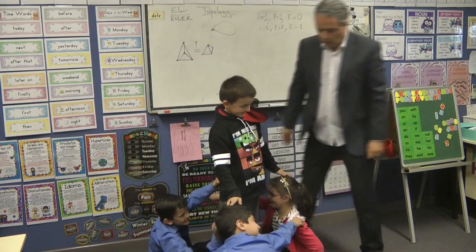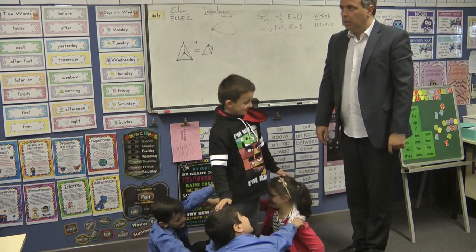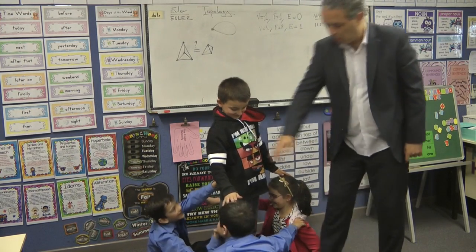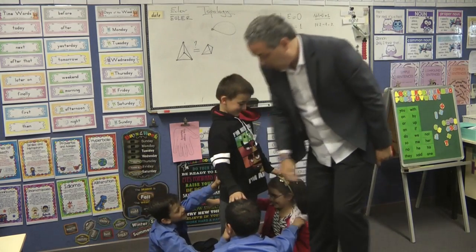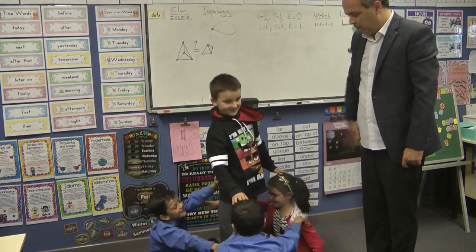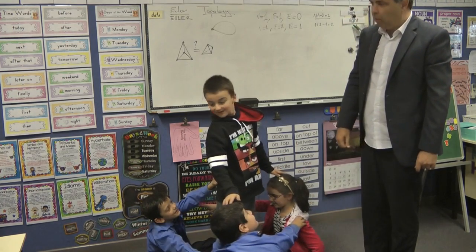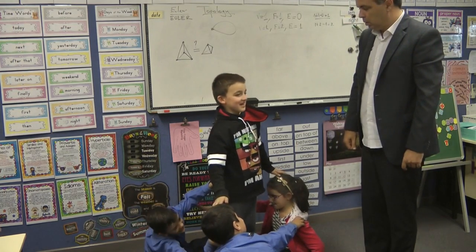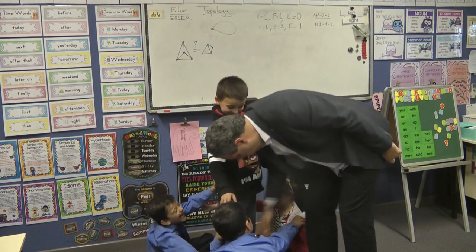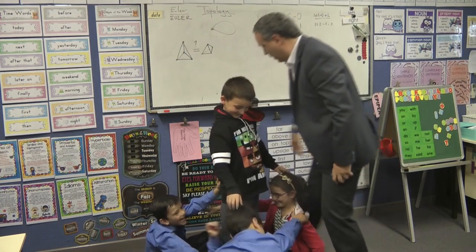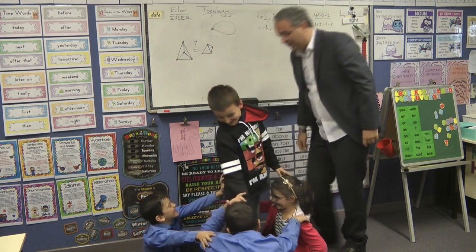So how many vertices? 1, 2, 3, 4. Okay. Now, how many edges? 1, 2, 3, 4, 5, and 6.